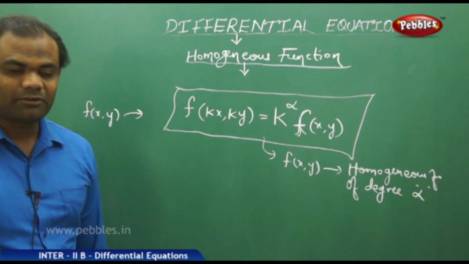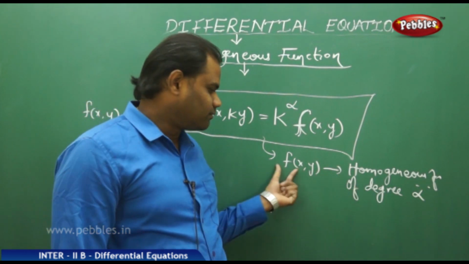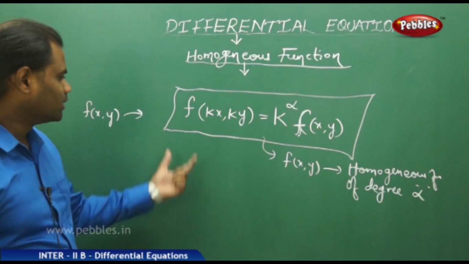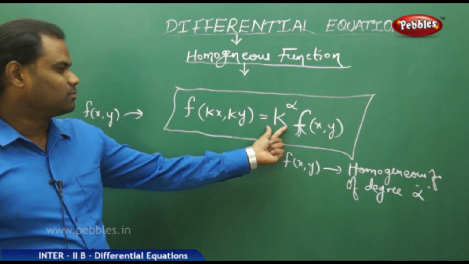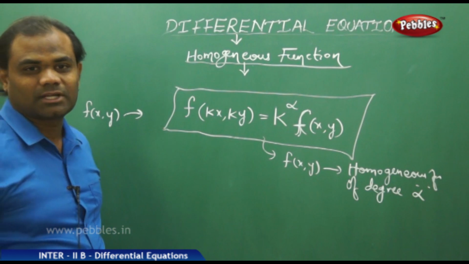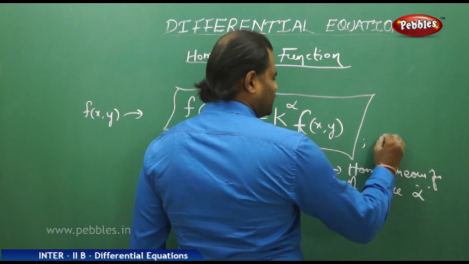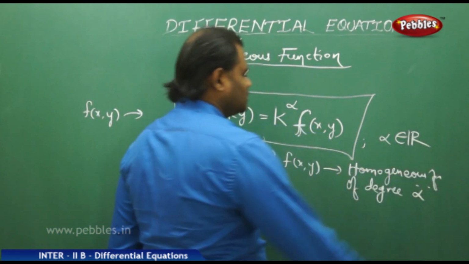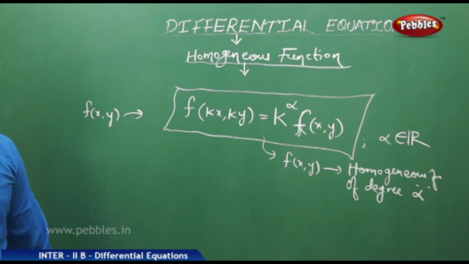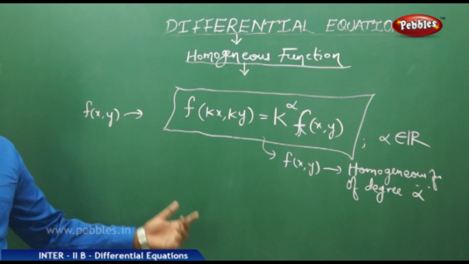So when I want to check for homogeneity of the function, I simply check that f of kx ky should be equal to k power alpha times f of xy, where alpha is a real number. Is how we understand the homogeneous function definition.